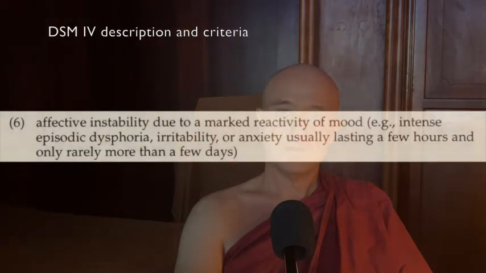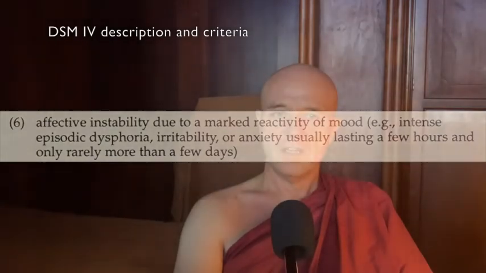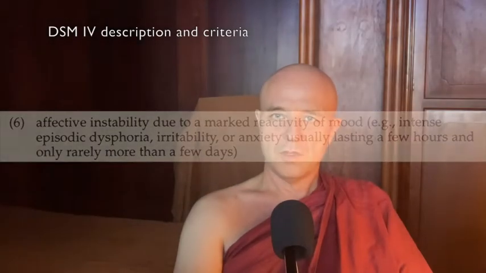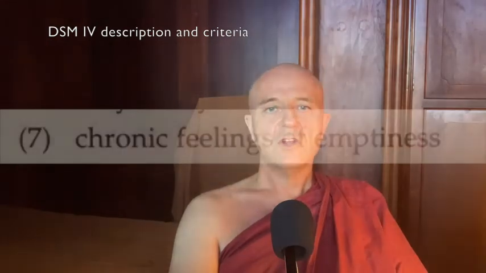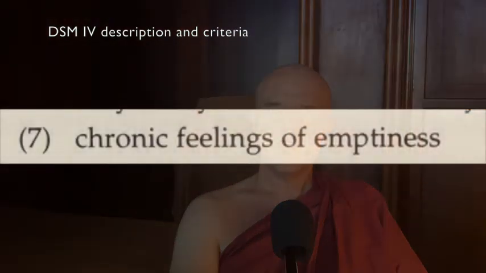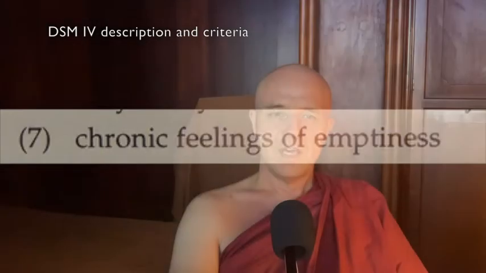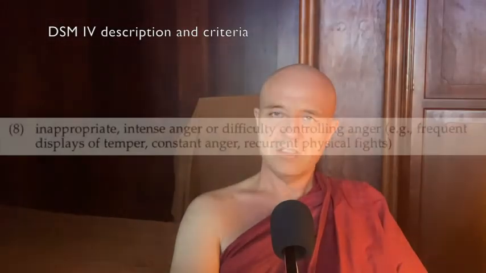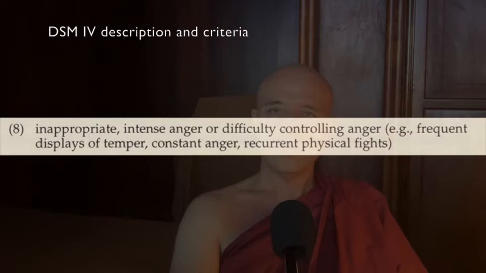For example, intense episodic dysphoria, irritability, or anxiety, usually lasting a few hours and only rarely more than a few days. 7, chronic feelings of emptiness. 8, inappropriate, intense anger or difficulty controlling anger.